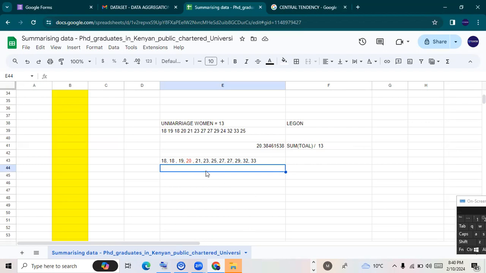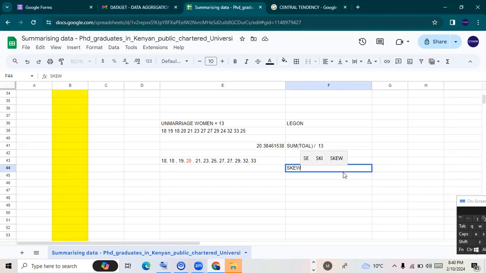Now that we've been able to identify our middle number, we have something called skewness of data. We have right skew and left skew.